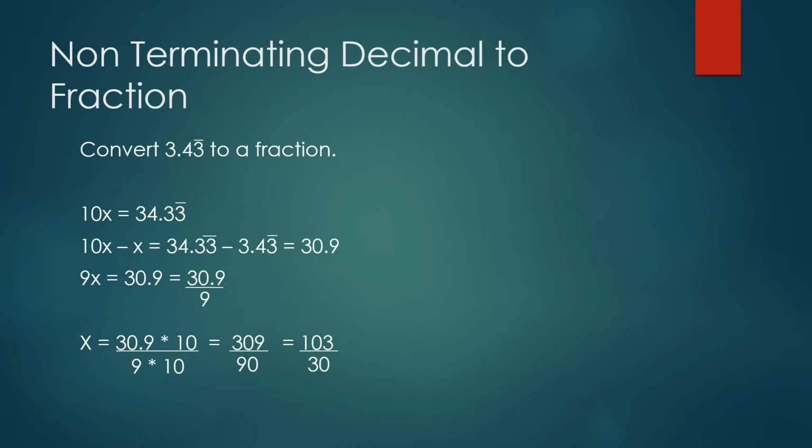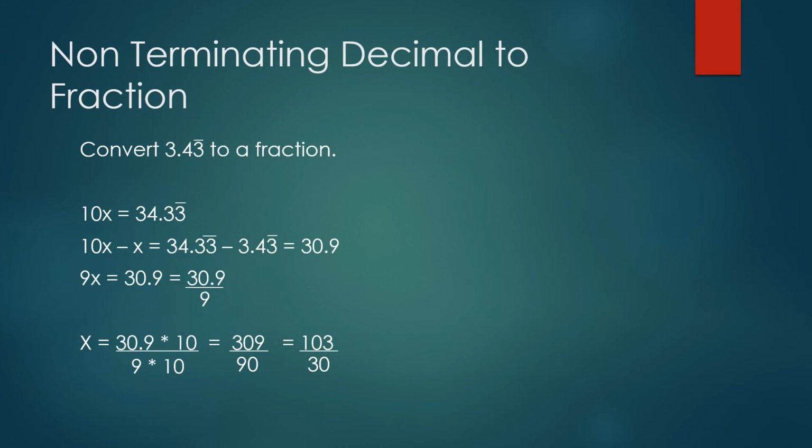10x is equal to 34.33. Then we subtract like we always do. 10x minus x is equal to 34.33 minus 3.43, which is equal to 30.9. The answer will turn out to be 30.9 over 9. But obviously, we can't have that as an answer, as it is not an integer.